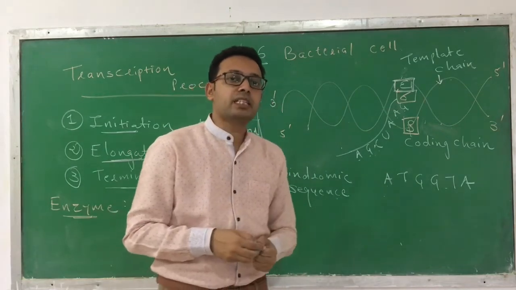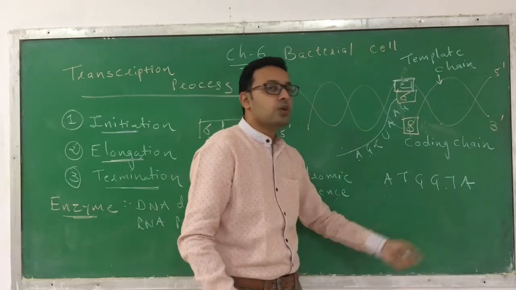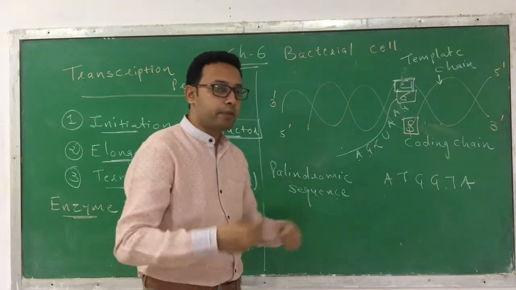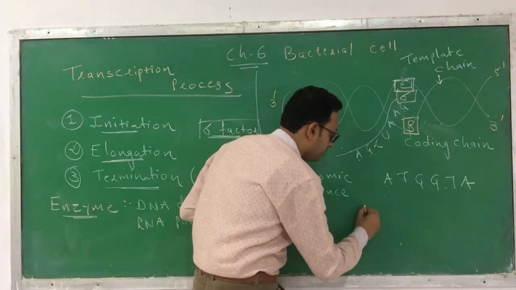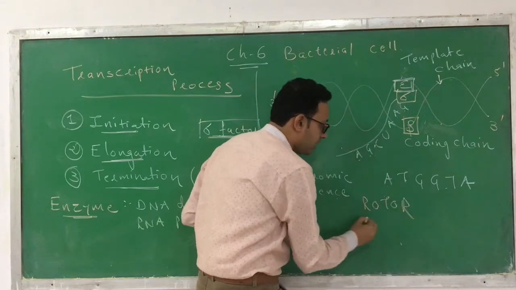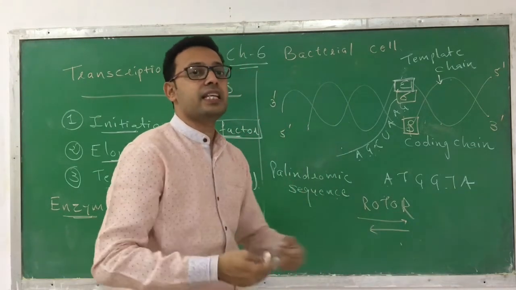Usually the palindromic sequences occur in the opposite chain, but this is just to show you the meaning of a palindrome. Like I will give you a simple example. Like see, example rotor. This is a simple word, rotor. If you read in this direction or this direction, it reads the same.